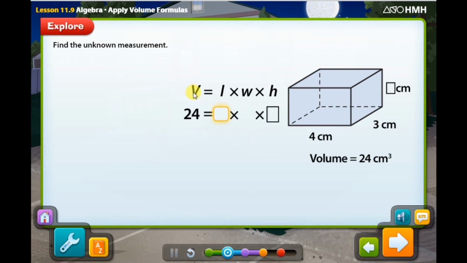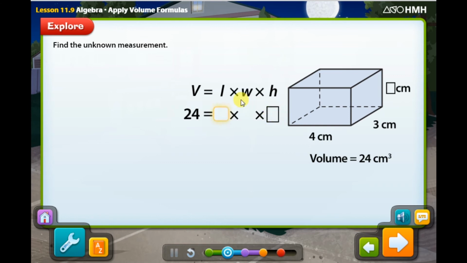The first formula is to write the 3 dimensions, L times W times H. Or you can substitute L times W by base, which is B. So you can write another formula, V equals BH, B times H. B stands for the base area, and H is always the height. So first, H here is unknown, that's why he put an empty box instead of it.